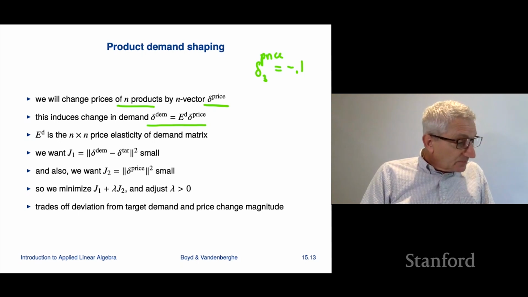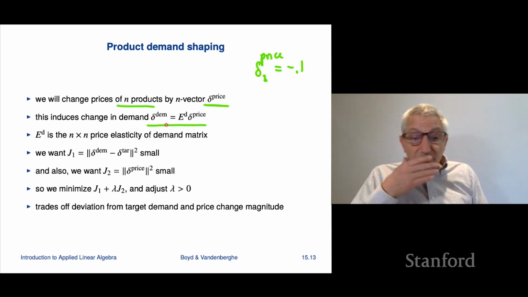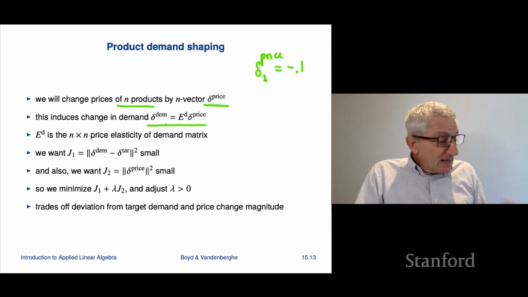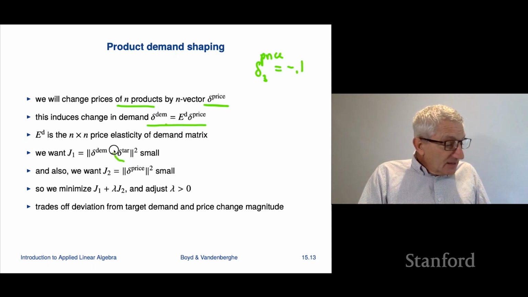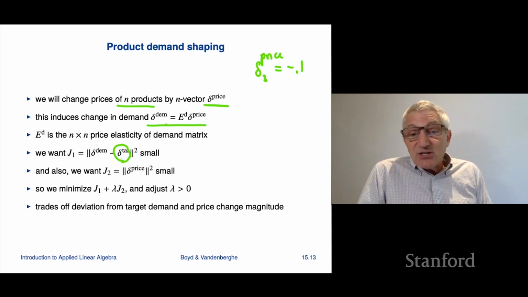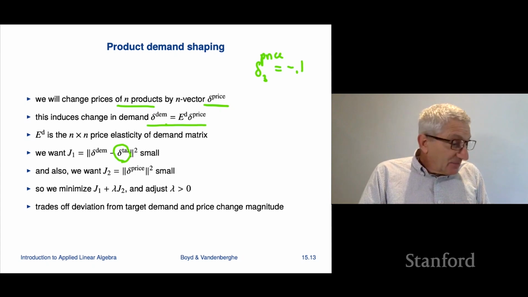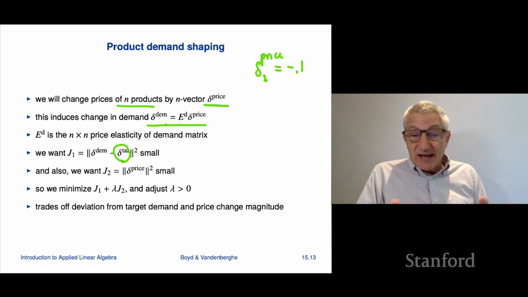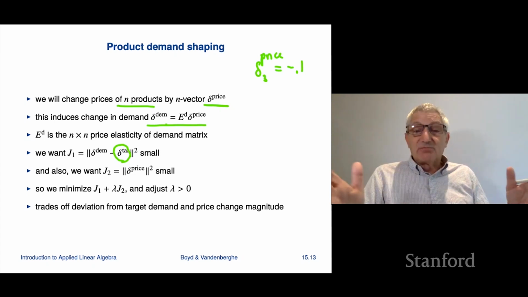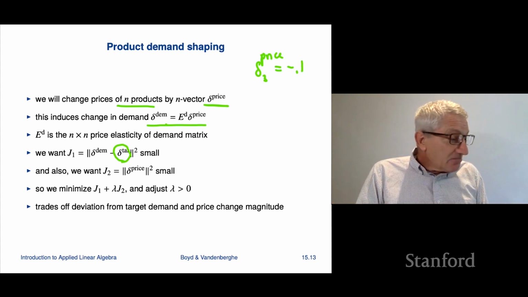So that's your linear model. Now, here's what we want to do. Somebody comes to us and says, that's the target demand I want, delta target. Maybe that matches what our production capabilities are capable of producing, so that would have all our factories and our supply chain running at full tilt. Anyway, that's the target demand.